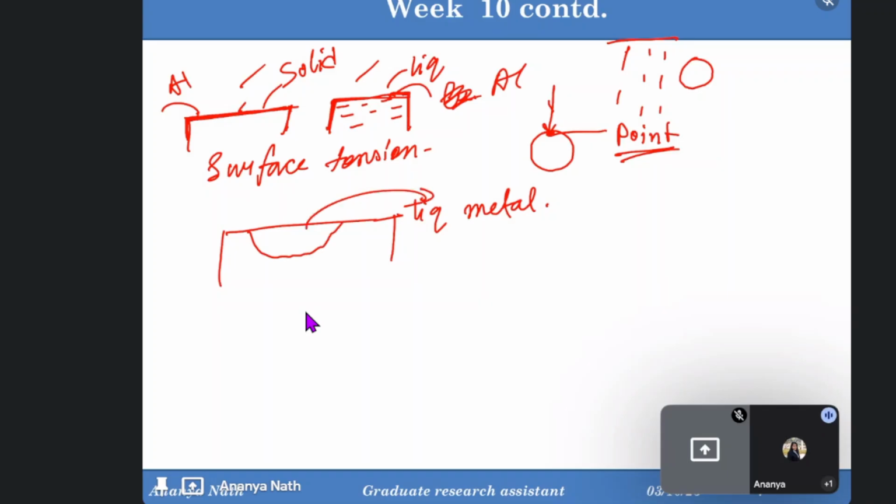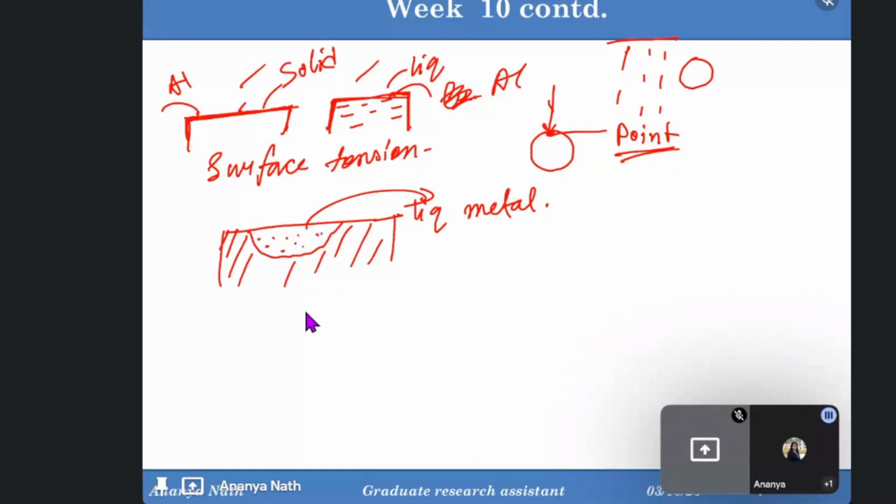This is the liquid material. If we are adding the magnesium, the surface tension of the liquid zone will be different, because magnesium has a very low surface tension. So this solidified portion will have a different surface tension and this liquid portion will have a different surface tension.